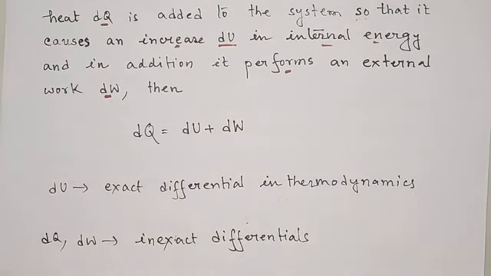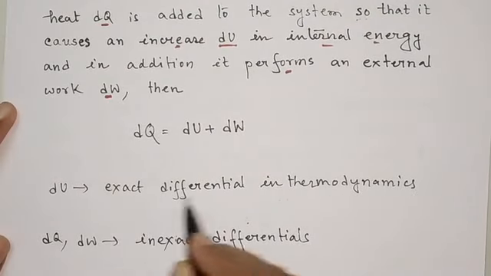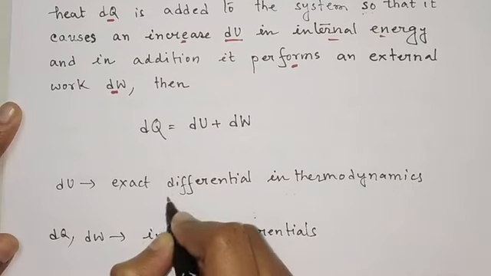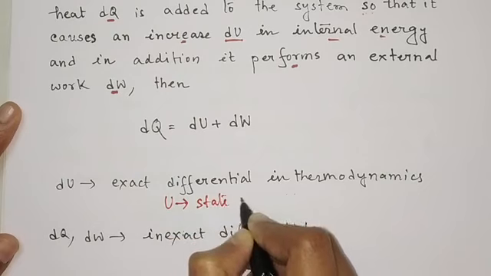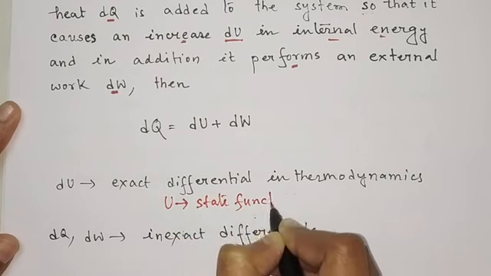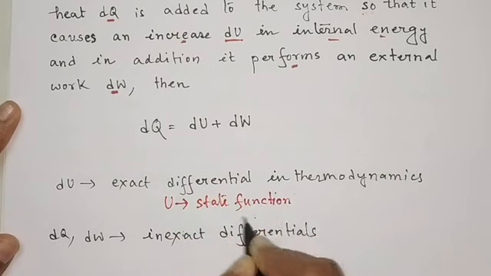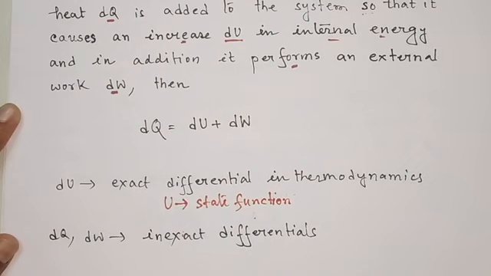Now this du is called an exact differential in thermodynamics. Why? Because U, as we know, is a state function, that is, its value depends only on the particular state at that moment. It does not depend on which process or path is taken to establish that state.